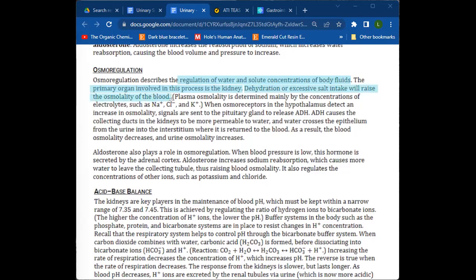So in other words, what that means is that it's going to cause the blood to become more concentrated. So when the osmoreceptors in the hypothalamus detect an increase in the blood osmolality, then the hypothalamus is going to tell the pituitary gland to release anti-diuretic hormone.